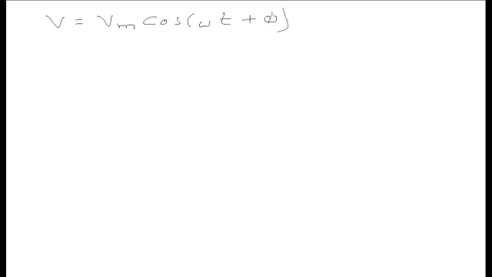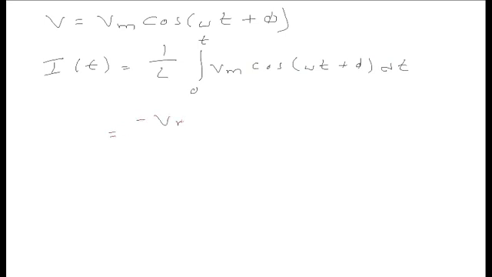Now, we know that through an inductor, and remember, all I'm doing is just using the equations that we already know, I of t is 1 over the inductance, integral from 0 to t, Vm cosine omega t plus phi dt. If I carry out this integration, I get negative Vm over L sine of omega t plus phi.